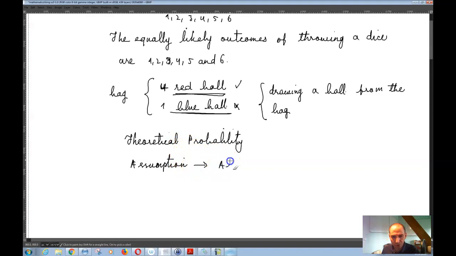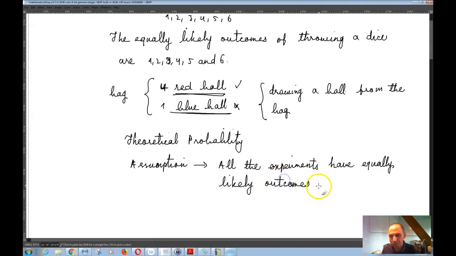All the experiments that we study using the concept of theoretical probability have equally likely outcomes.